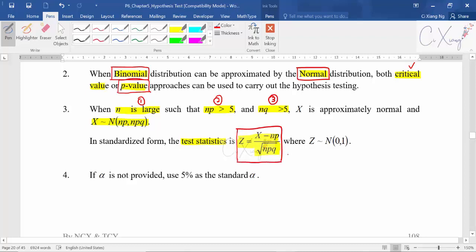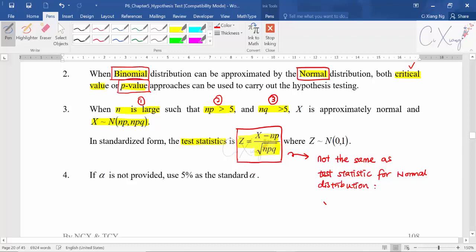All right, so there's one important part that I want you to take note of. It is not the same as the test statistic for normal distribution, because some students might actually get confused by this.